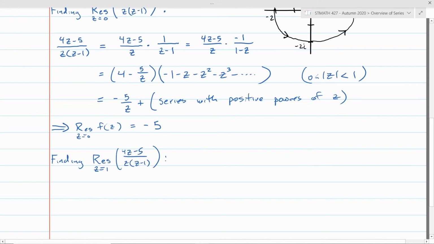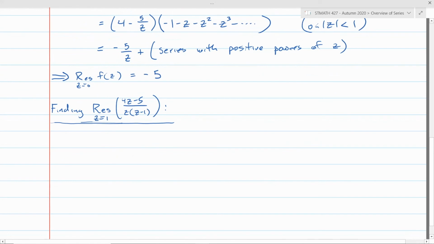And so what we want to do is manipulate the function so that we get a geometric series with a z minus 1 in the place where z is. So the way you can do that is just to go, well, 4z minus 5 over z times z minus 1. This time it might be easier to take the 4z minus 5 over z minus 1 and leave that bit of it alone by and large.